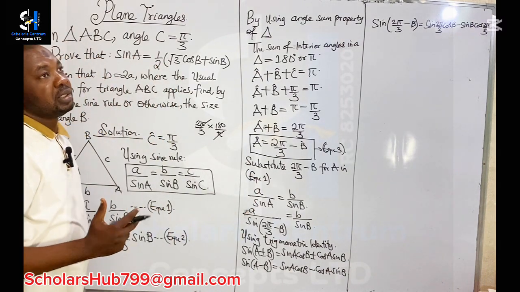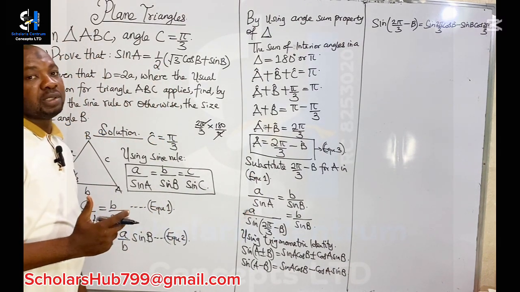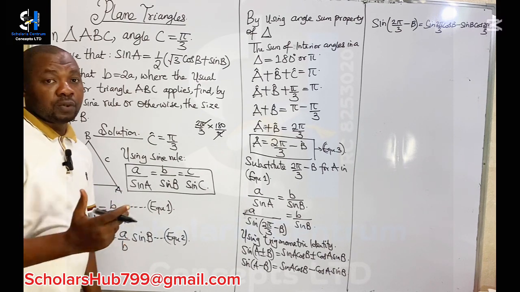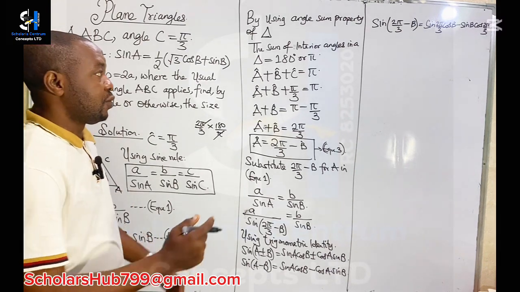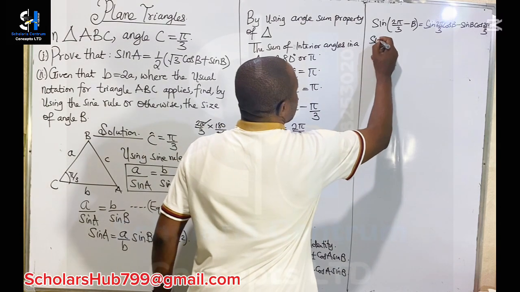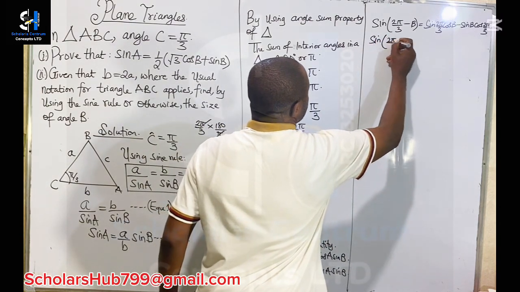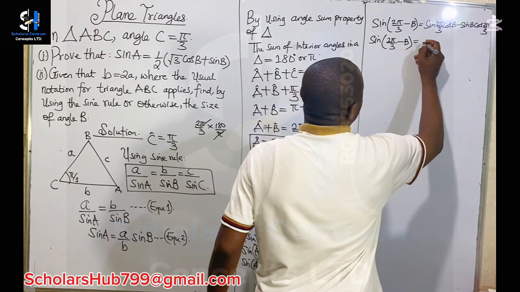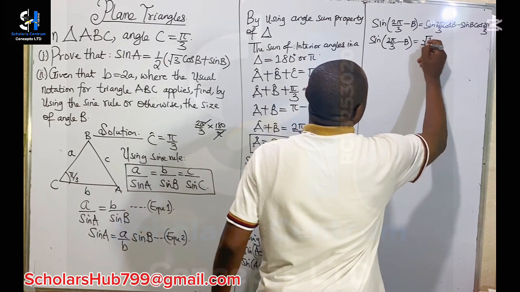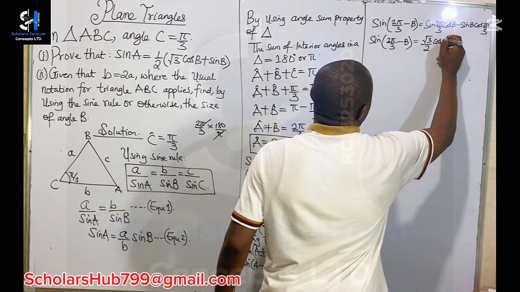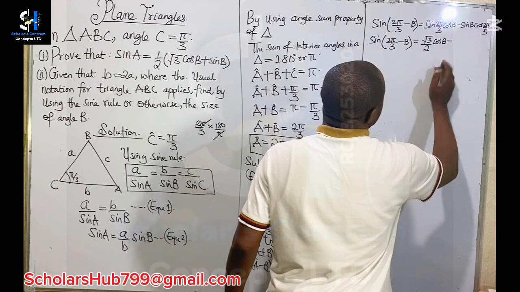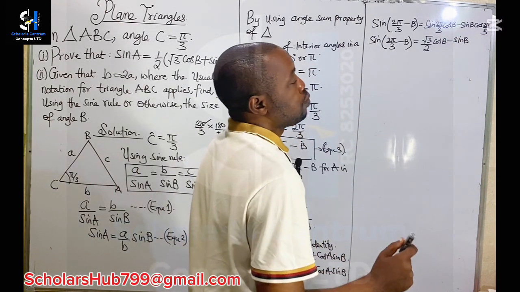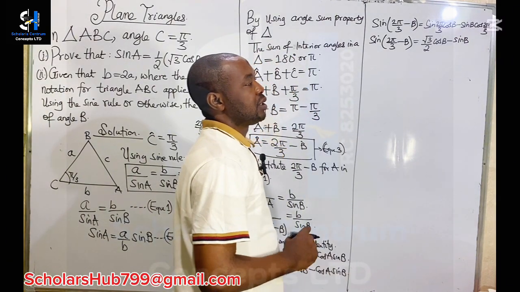So sine 120 degrees, that's the second quadrant, will be radical 3 over 2, that's root 3 over 2. So sine of 2 pi over 3 minus B will be equal to root 3 over 2 cos B minus sine B times cos 2 pi over 3.